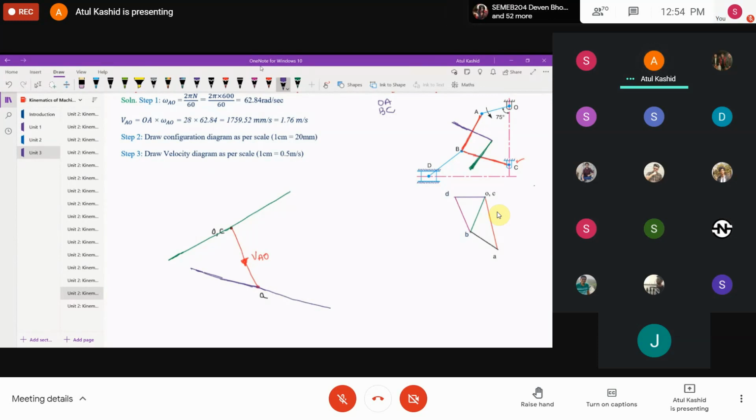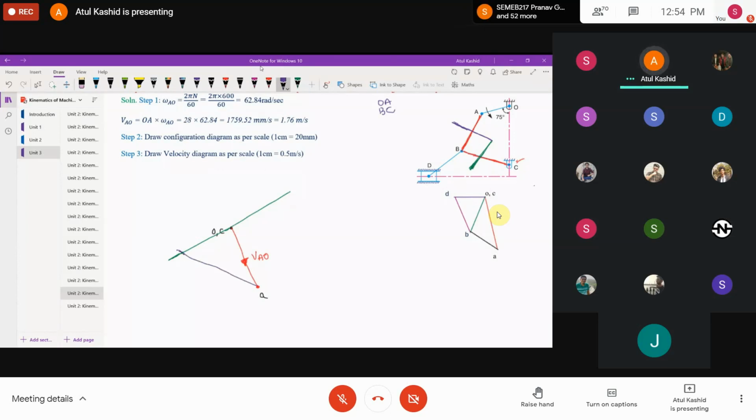Okay, direction for AB. So now we have to, just a minute, I will erase this part. Okay, so I was drawing for AB and it is drawn like this.